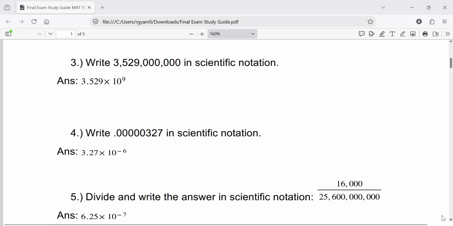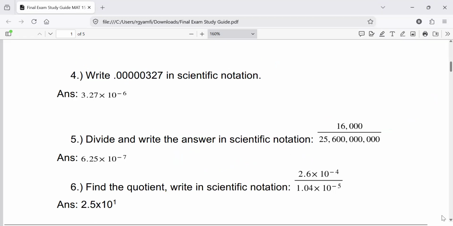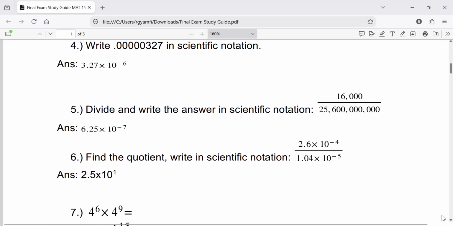Number 5. In number 5, we've got divide and write the answer in scientific notation. 16,000 divided by 25,600,000,000. Okay. So here you've got options. The first one could be that you just go to the calculator and divide 16,000 by 25,600,000,000. Doing that is also fine.